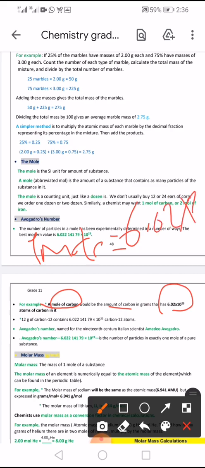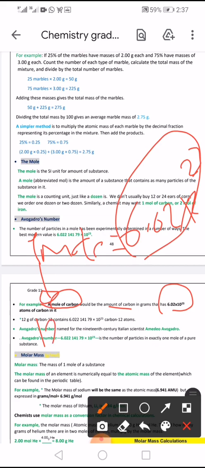So 1 mole of carbon contains 6.02 times 10 to the power 23 atoms, which is Avogadro's number. And 1 mole of carbon has a mass of 12 grams. So 12 grams of carbon contain 6.02 times 10 to the power 23 atoms, as 1 mole of carbon equals 12 grams.